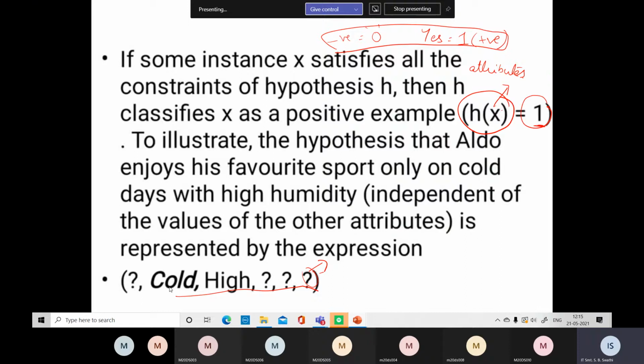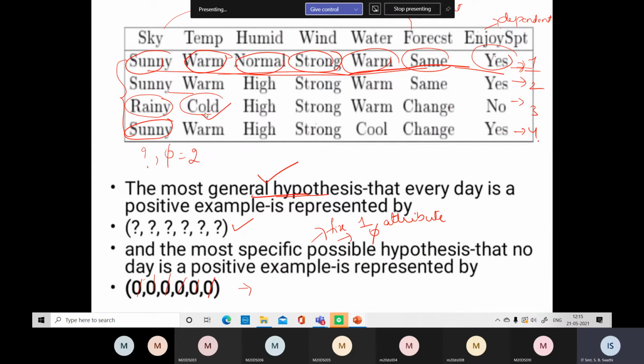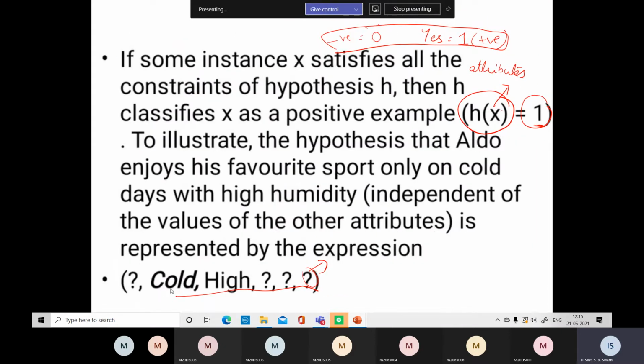But you see here, the second and third attributes, cold and high. See the second column. Second is cold here. What is the other value? Warm. So if you give warm as one of the inputs here, first of all, it won't be accepted by that application. Processing is the second step, but during the first step only, it will reject the input.